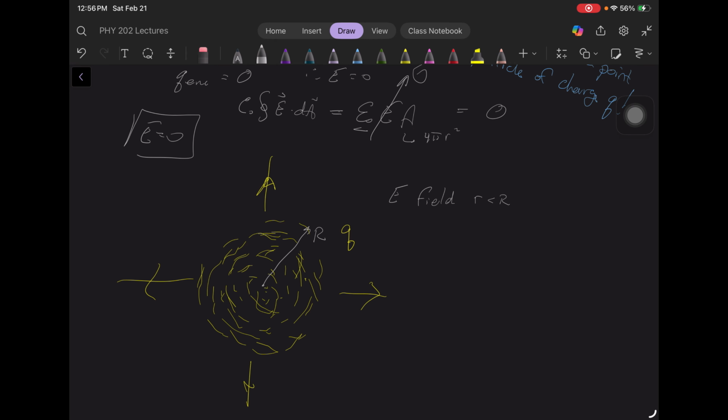And so we're going to have some Gaussian surface, some length r. It's a sphere, so we're going to do a spherical surface. And let's try to figure this one out.